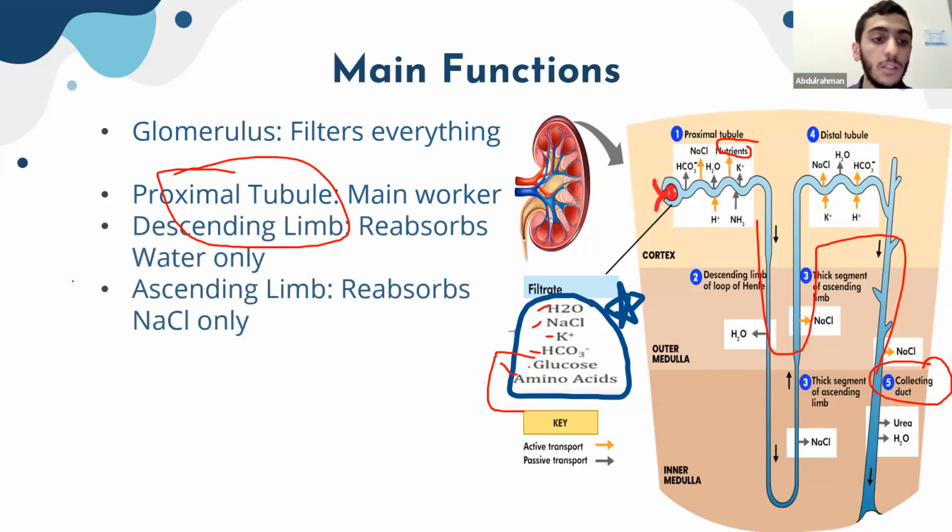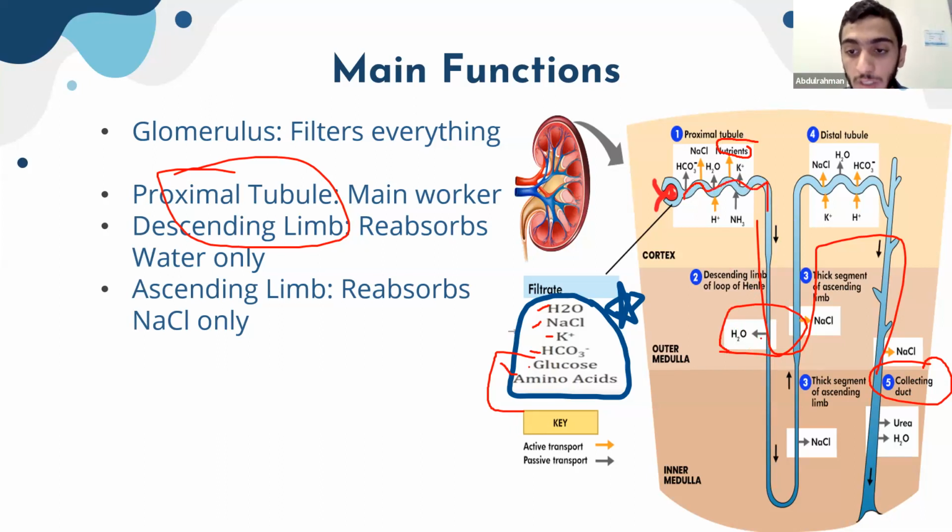Some other points I just mention here, but you're going to focus on them later. The descending limb is going to be reabsorbing water only. We're going to discuss it later in a second, but just keep in mind, the descending limb reabsorbs water only. Because of the arrows, I'm just going to mention that this is what's inside the blue, the tubular system.